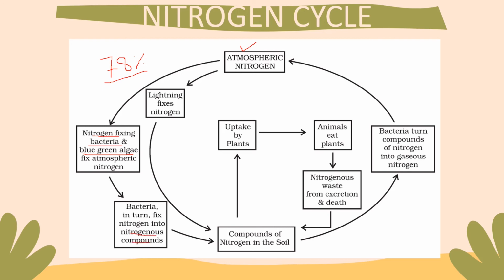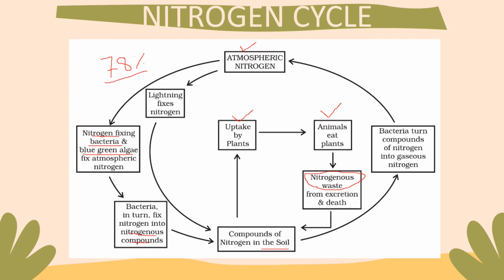Now we have these nitrogenous compounds in the soil. This is taken by the plants through their roots, and the plants are eaten by animals or human beings. Now what happens after we eat them? We produce nitrogenous waste. This happens when we excrete or when animals die. Nitrogenous waste is in the form of certain compounds of nitrogen.